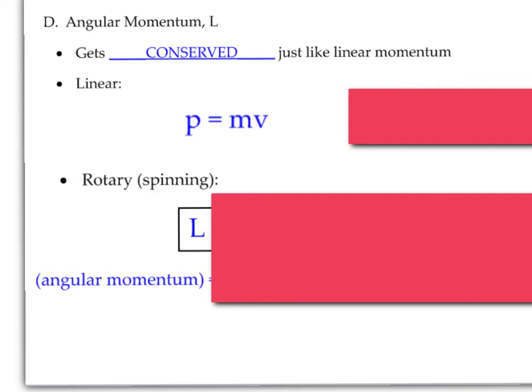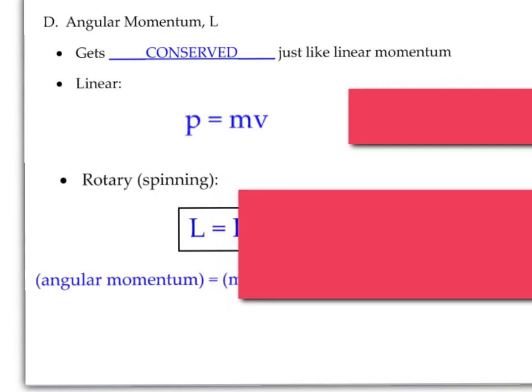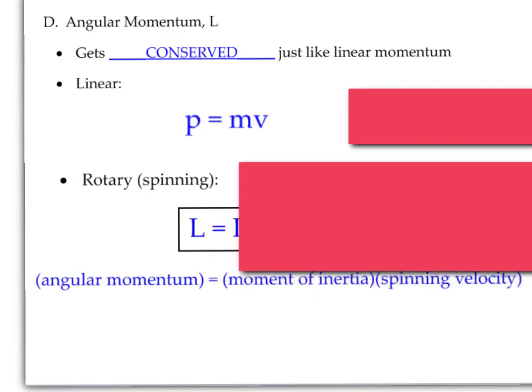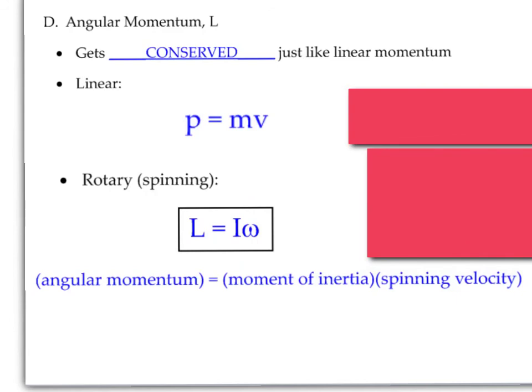So instead of just saying plain momentum, it's angular momentum. Do you remember what mass gets replaced with? I, which is moment of inertia. And then our v will be the omega, like in your focus activity question, and it's spinning or angular velocity.